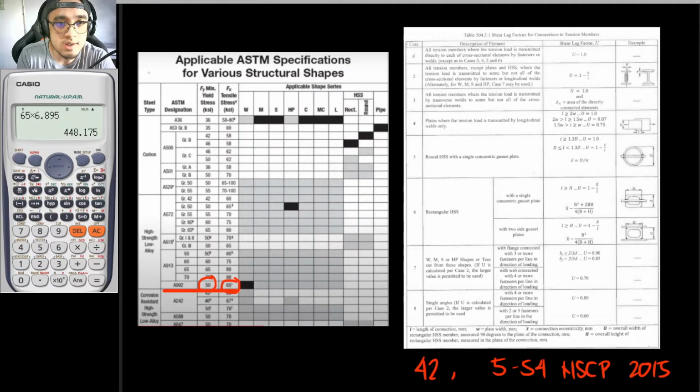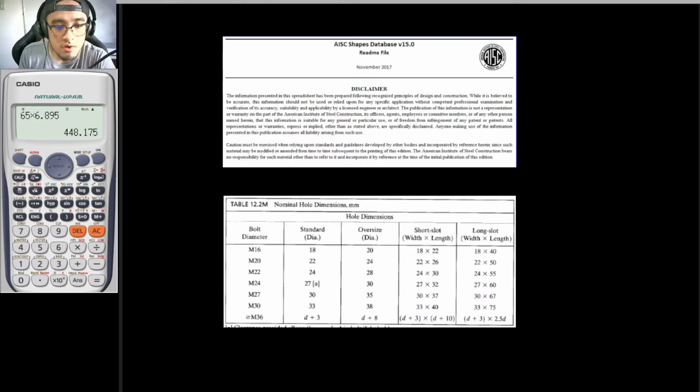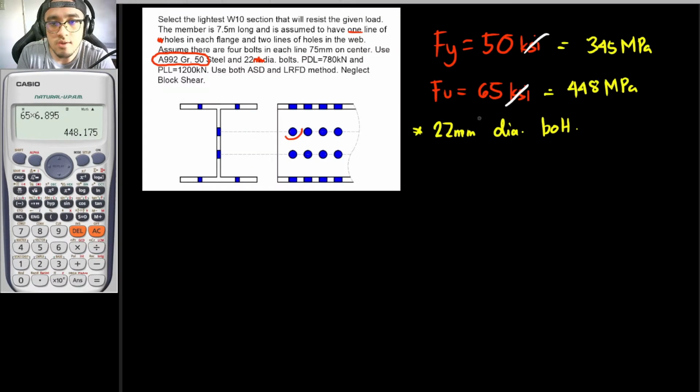From this slide right here, if we are to use 22 diameter bolt, the standard diameter of the hole should be 24. From that, guys, the nominal diameter of the hole is to be 24 millimeters.